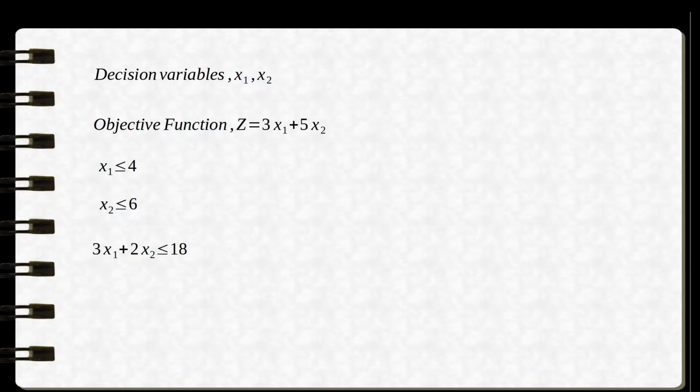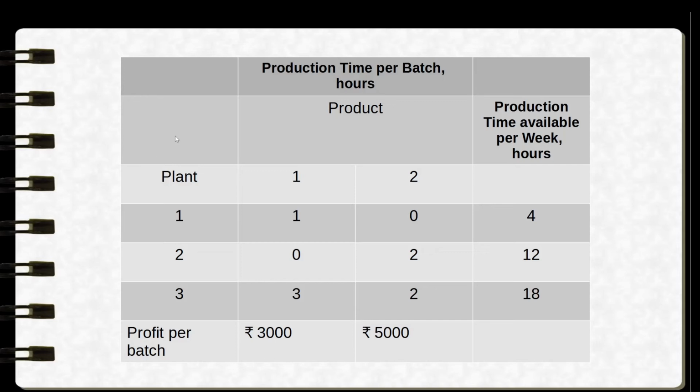The number of batches of aluminum frame windows produced is going to be expressed as a constraint, x1 less than or equal to 4. Now why is this? Let's go back to our table. As we can see here, plant number 1 has only a slack time of 4 hours. It takes 1 hour to produce a batch of aluminum frames.